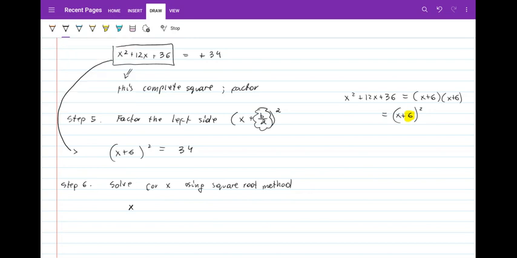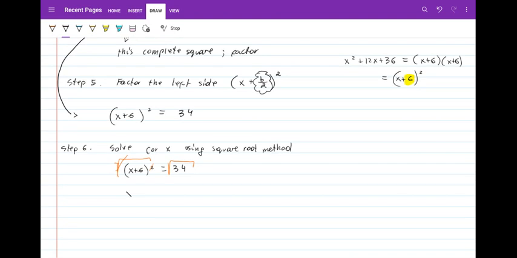So we have x plus 6 squared equals 34. Just take the square root of both sides. So this is the square root method. And the second power and square root cancel each other. We end up with x plus 6 equals positive and negative square root of 34.